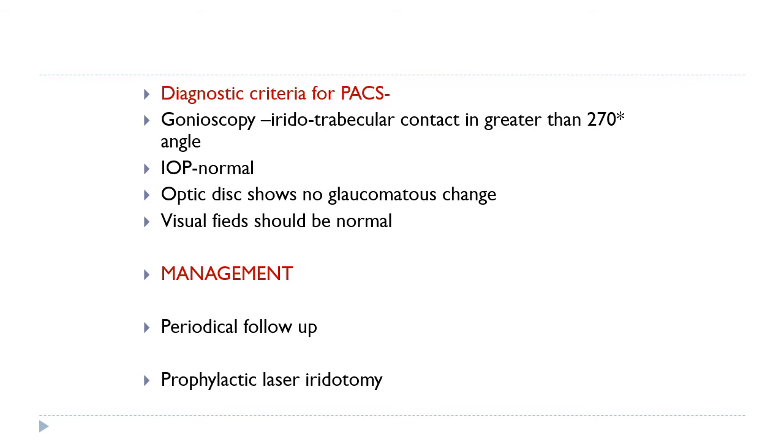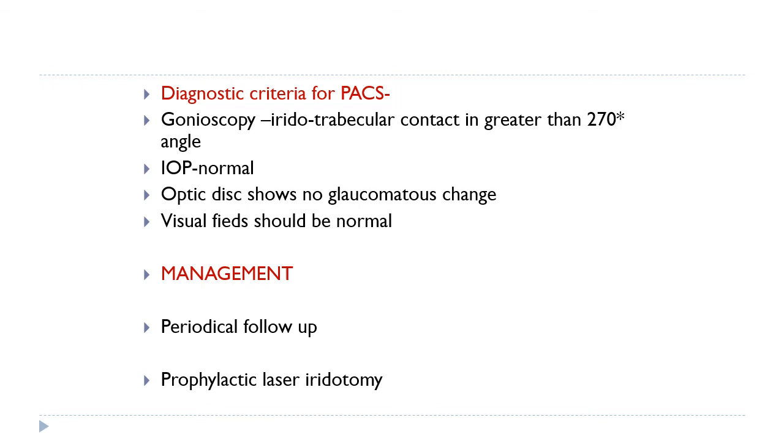But in case of suspects, what happens? There are adhesions or contact of the iris, the peripheral iris, and the cornea over more than 270 degrees. We measure it in terms of 360, or in 4 quadrants we ideally calculate.